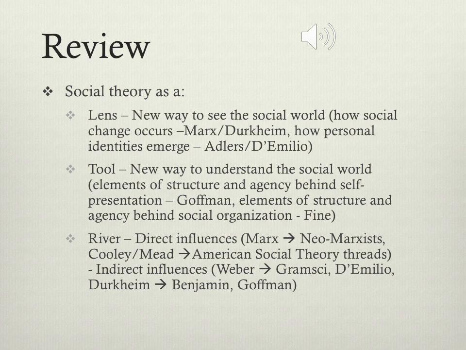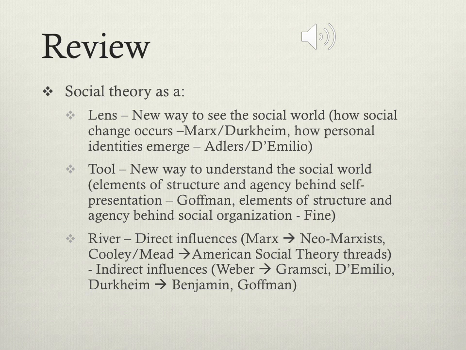So, just to get started, when we first met, I believe it was our second class period, we broke down social theory in reference to three different metaphors. The first of which being a lens. So basically, we can say social theory operates as a lens to give us a new way to see the social world.